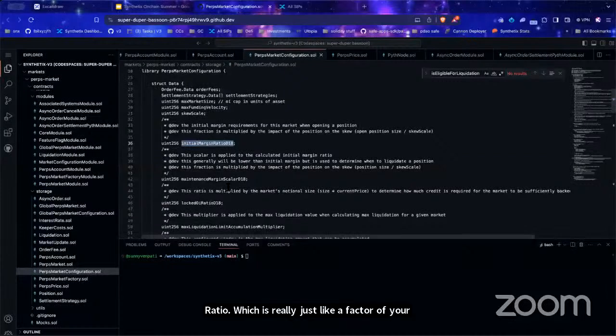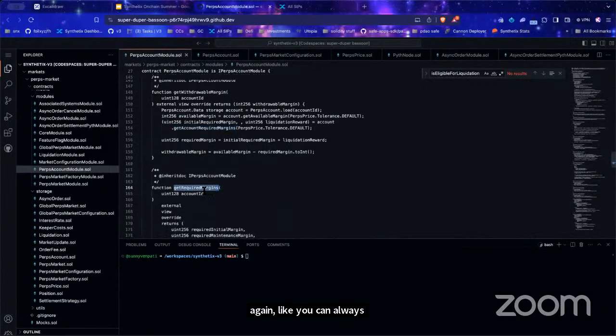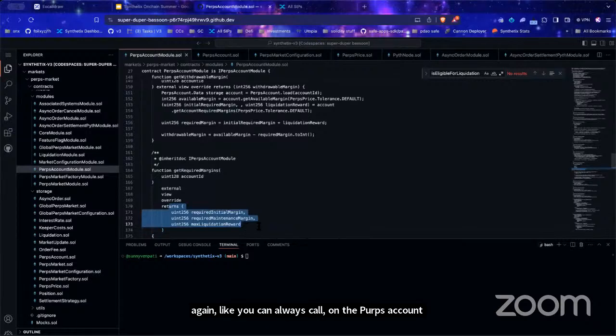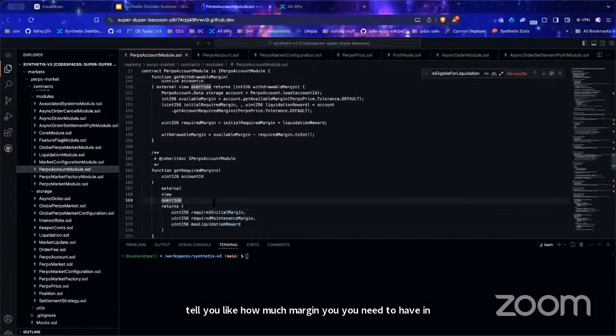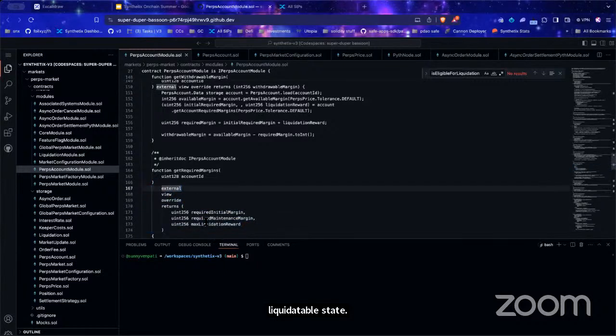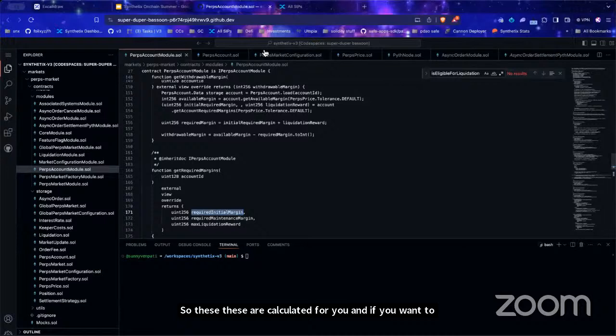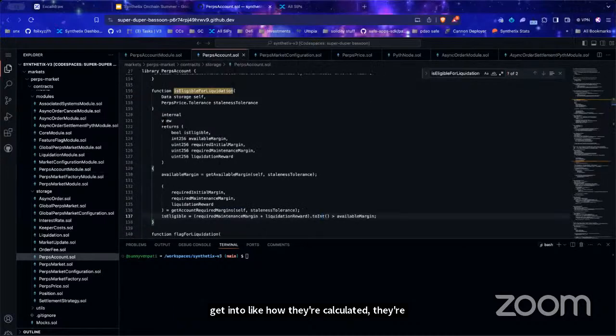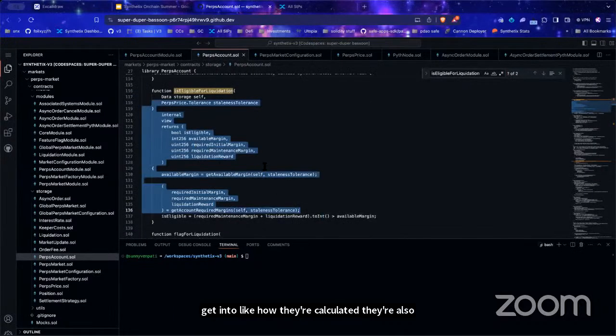You can always call on the perps account module, the get required margins function, and it'll tell you how much margin you need to have in your account before you're in a liquidatable state. These are calculated for you, and if you want to get into how they're calculated, they're also available in this perps account, is eligible for liquidation.